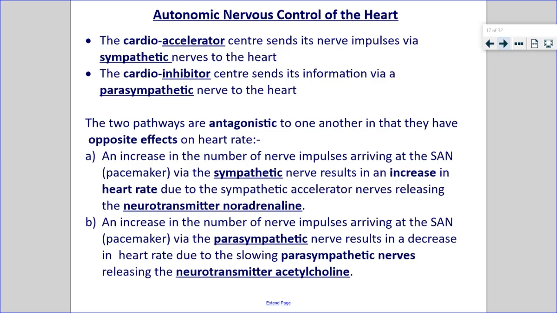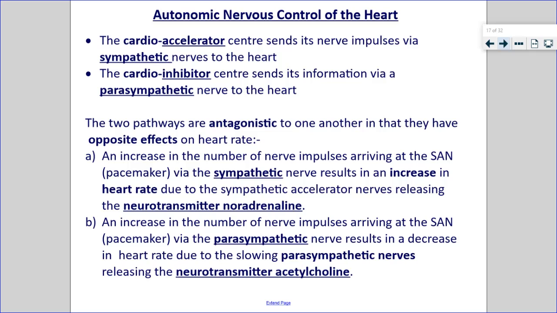So if we think about the sympathetic nerve, first of all, if you have an increase in the number of nerve impulses passing down the sympathetic nerve from the medulla to the SA node, then that is going to release more of a chemical or a neurotransmitter called noradrenaline. And noradrenaline has the effect of increasing heart rate.